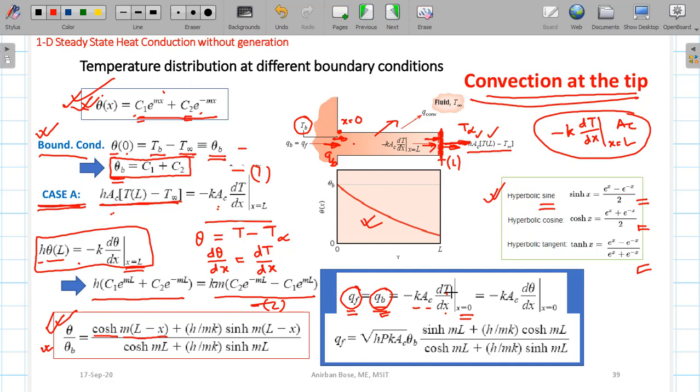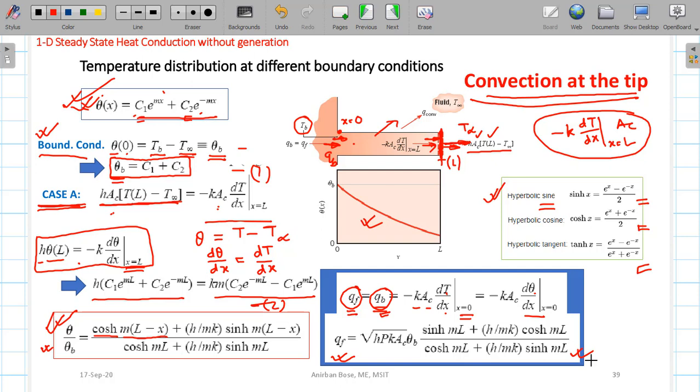You just write this T in terms of theta, because the gradient will be similar in terms of theta. So do d theta/dx and you will get this relation if you put x is equal to 0. So this will be the expression of Q fin.